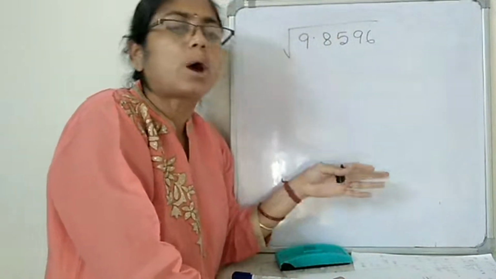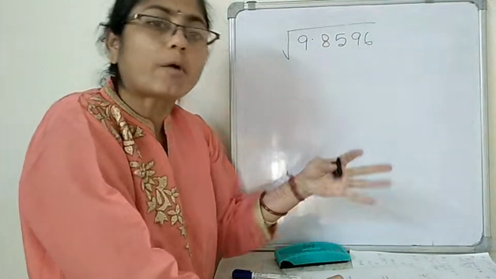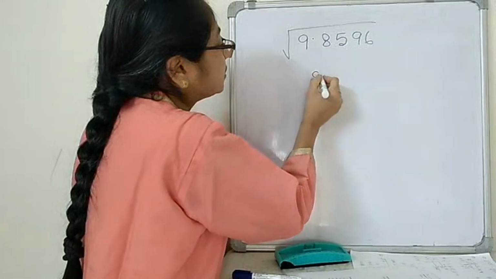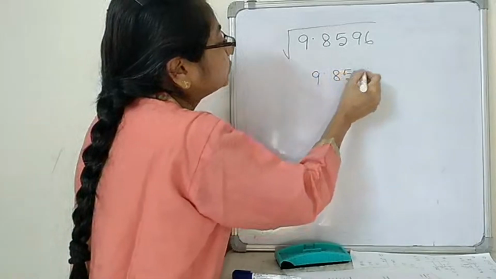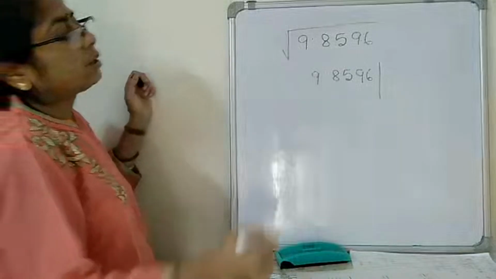Now same method, but after the decimal it is 4 digits. So focus. How can I do this one? First I write 9.8596. Long division method.